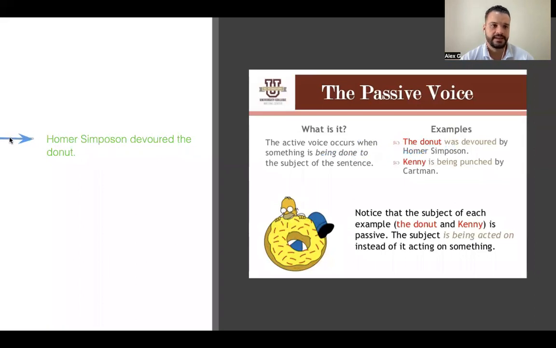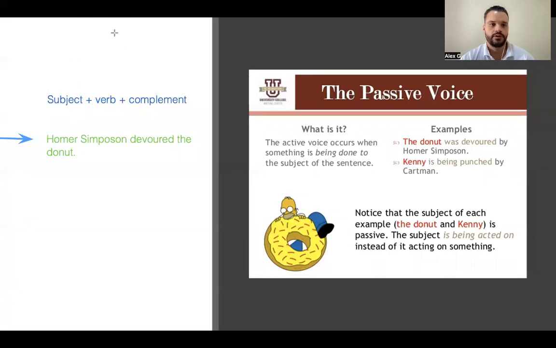So active sentences, maybe we could put here, subject plus verb plus complement is going to be the regular form. Let's change this to blue. Here we have the structure. This is an active sentence.